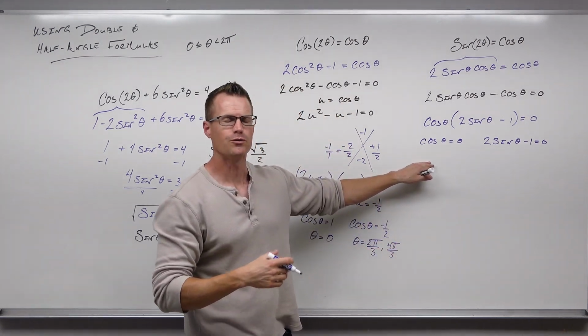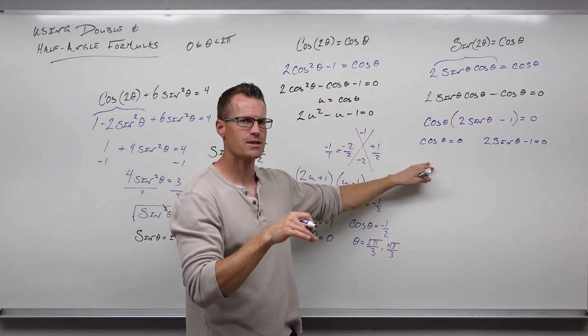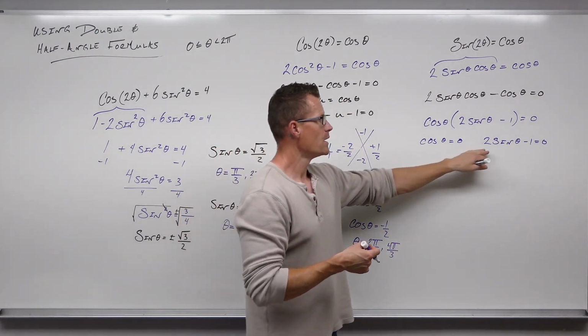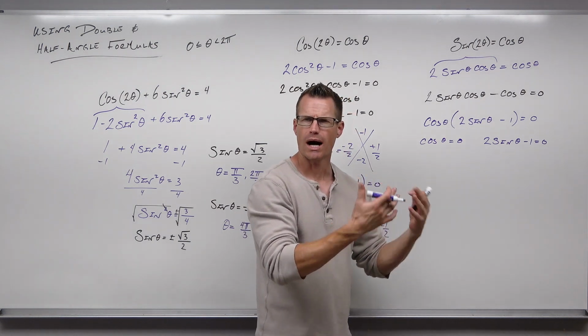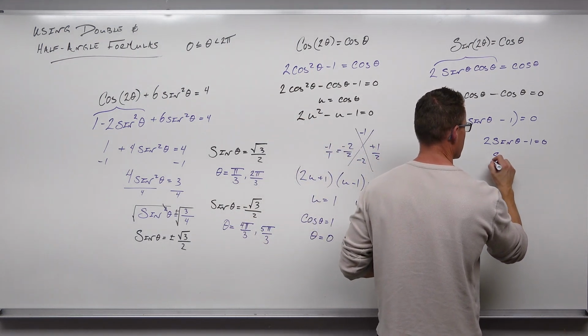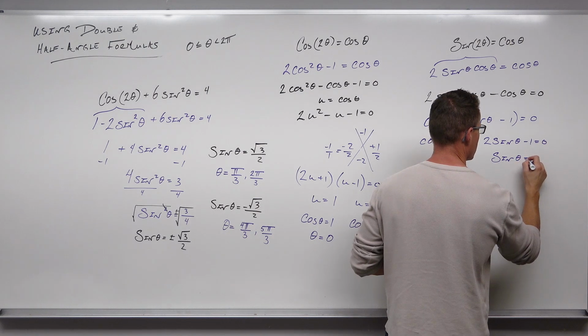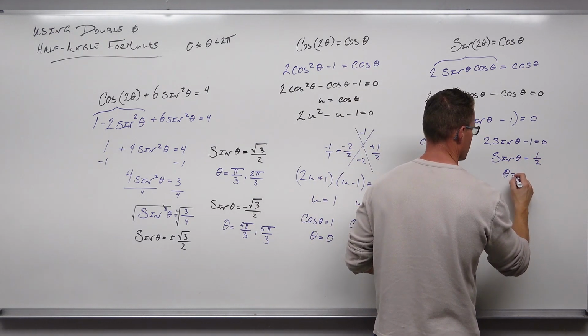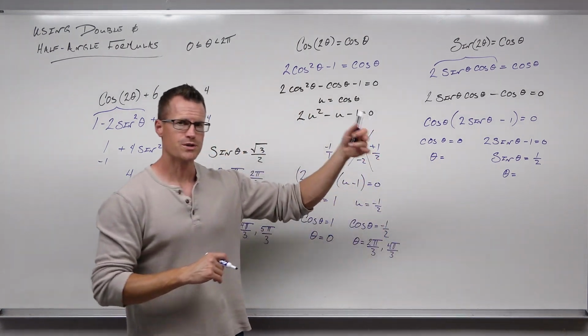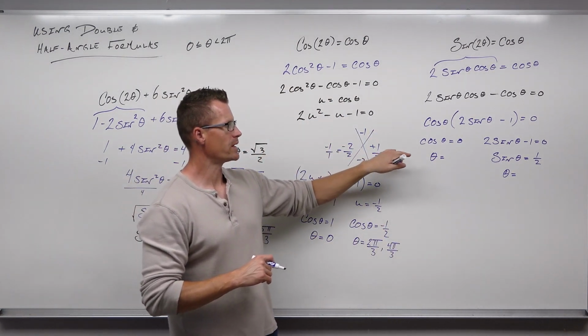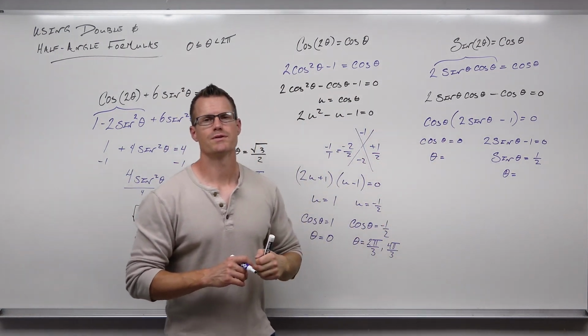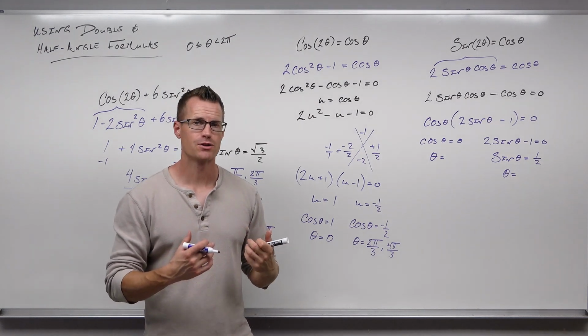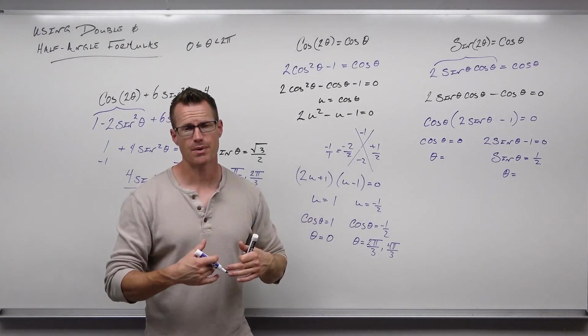Now that's already solved. We're just going to have to find the angle that gives us an x-coordinate of 0. Here we'll add 1 and divide by 2. We'll isolate that sine theta. And on the interval from 0 to 2 pi, the only place where we have an x-coordinate of 0 is at pi over 2 and at 3 pi over 2.